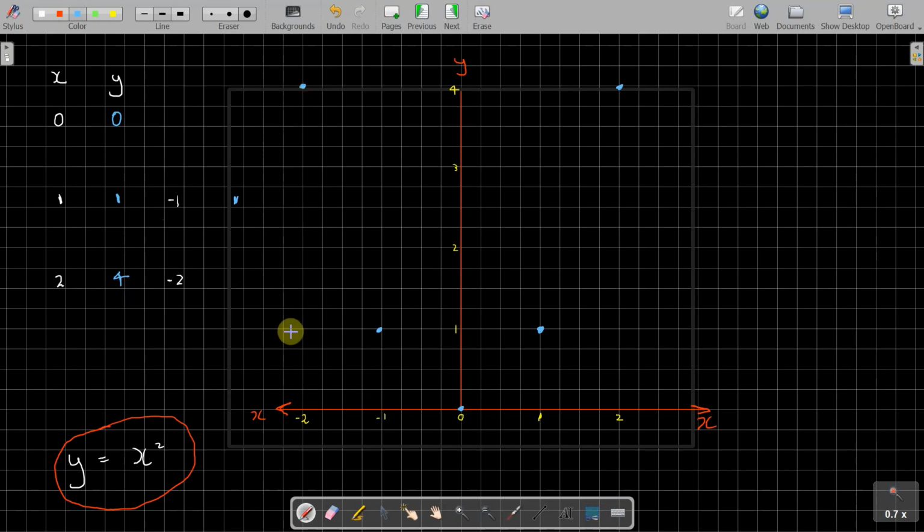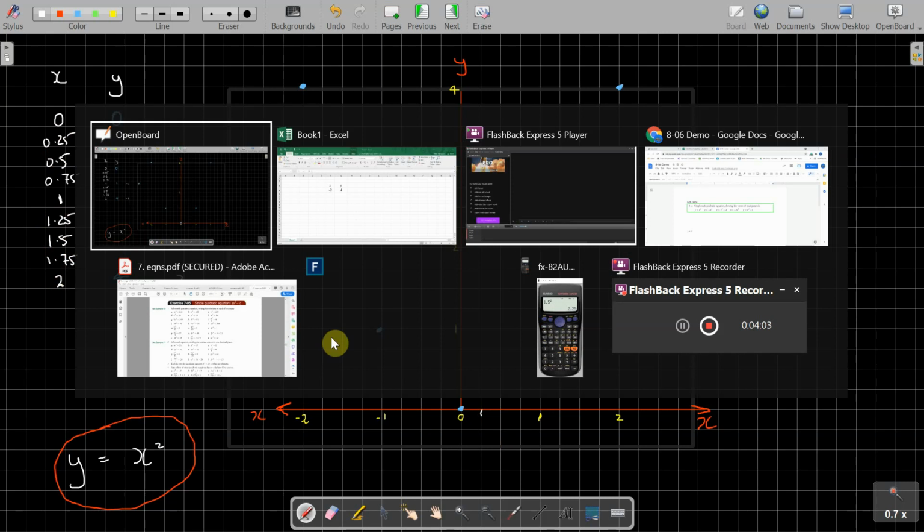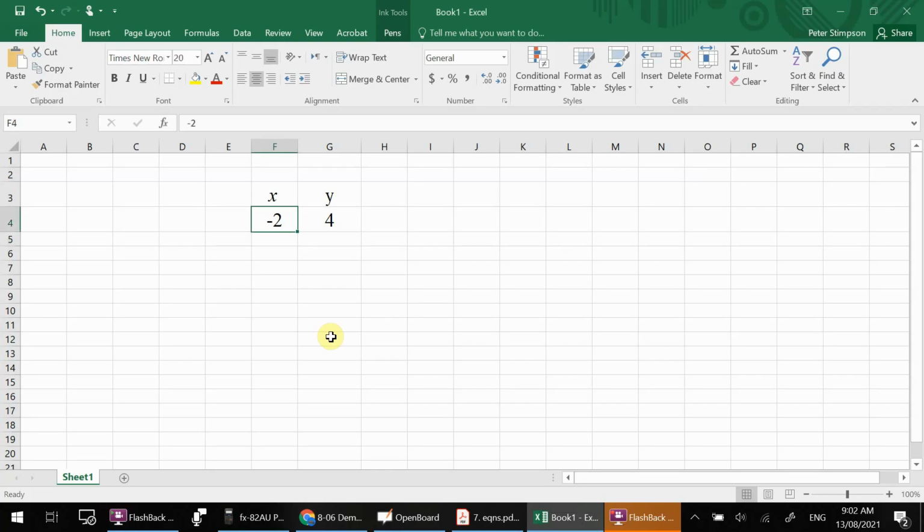Now I'm going to do some in-between ones: 0.25, which is there, 0.5, 0.75, 1.25, 1.5 and 1.75. That's to see where these numbers work. So 0.25 is there. I'm going to see what that is squared. 0.25, which is the same as a quarter.